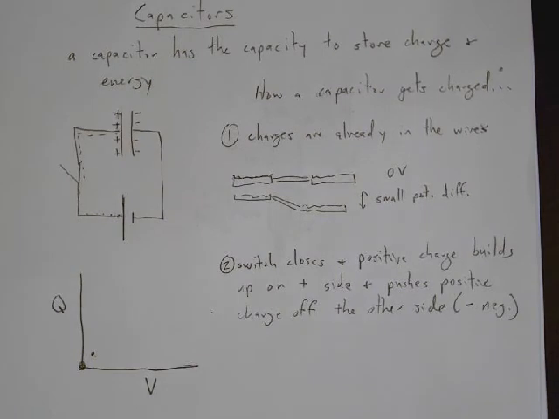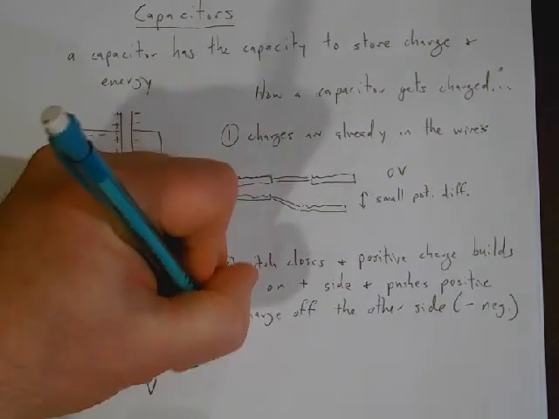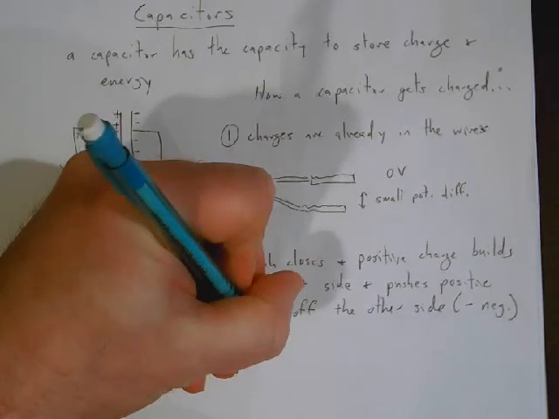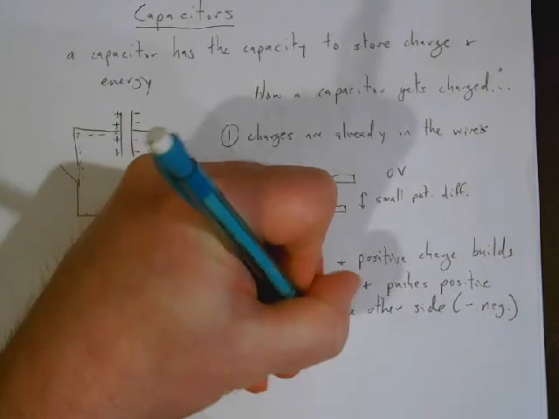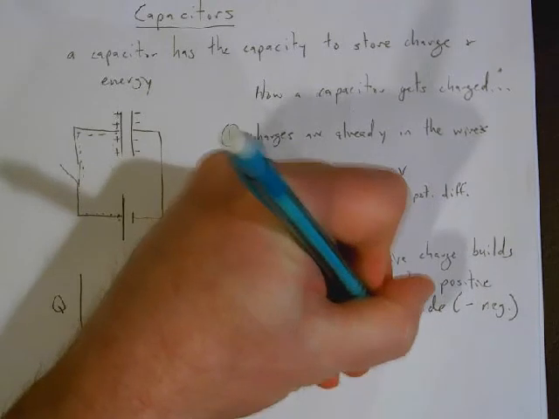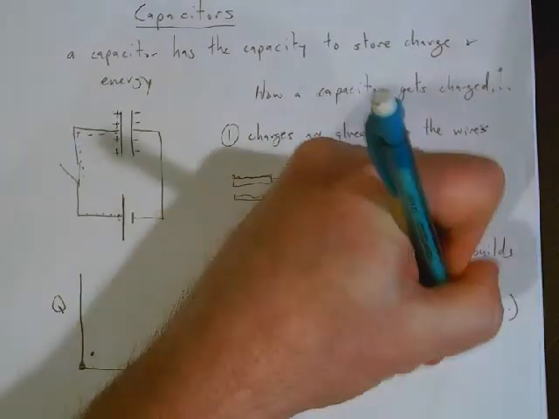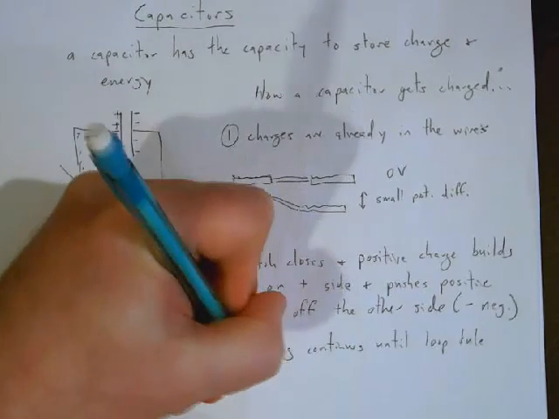your loop rule is completed. So when I say until your loop rule is completed, if the only thing in your circuit is the capacitor and the battery, then that means the voltage across here has to equal the voltage across there. You guys with me there? If there's other things in your circuit, this continues until your loop rule is satisfied.